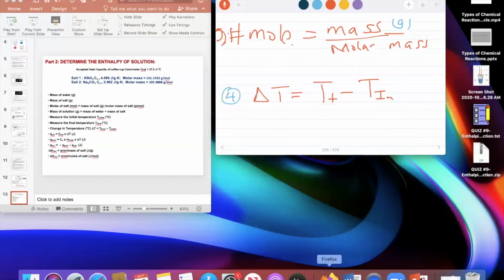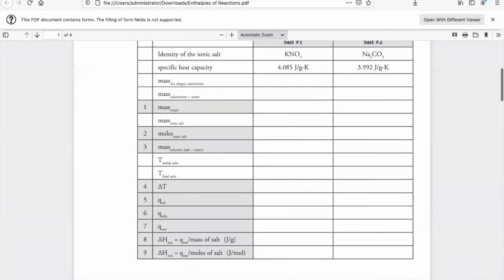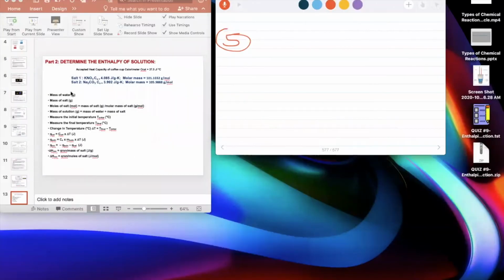For line 5, see line 5, Q for the calorimeter. We're going to see for line 5 here. All right. For line 5, Q for the calorimeter. Remember the equation. This is for the calorimeter.